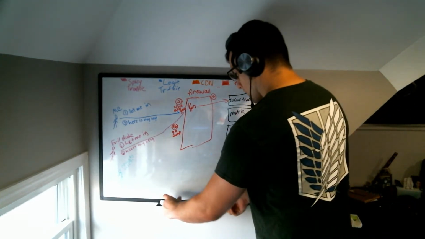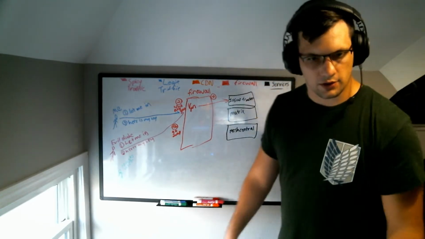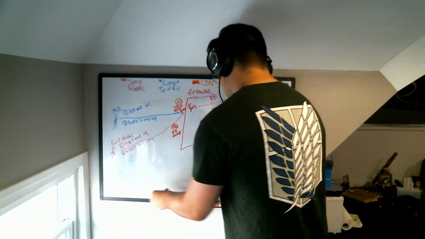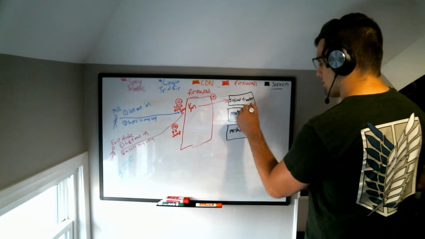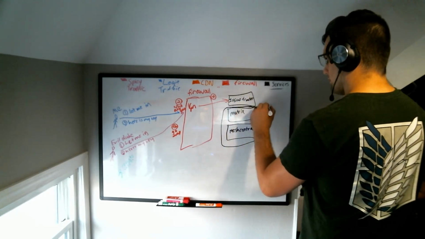So there's one thing we can do to separate out these services. For the things we want to put on the internet, we can isolate them in what's called a DMZ, which is pretty much just a separate VLAN.